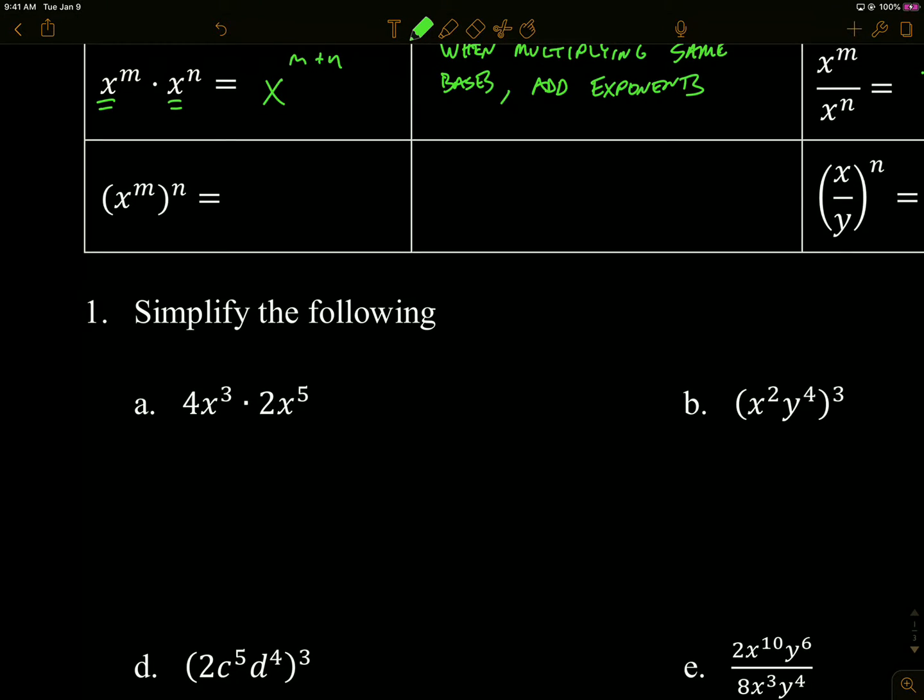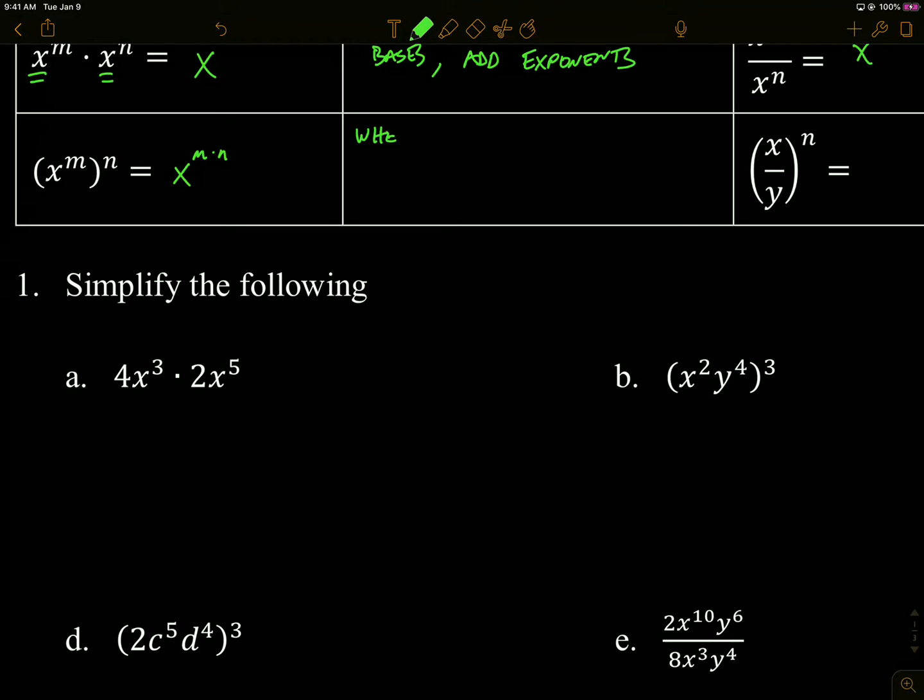All right, then I have x to the m to the n is going to be x to the m times n. So when raising a power to a power, you multiply the exponents.